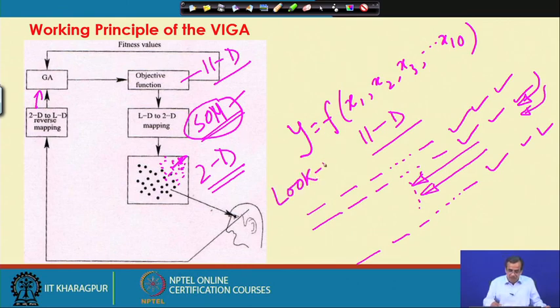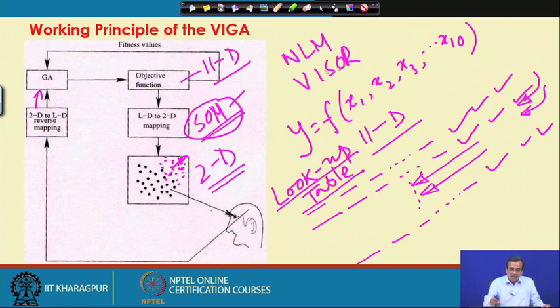This lookup table carries information of this higher dimensional data and their corresponding 2D data or 3D data. So, this information we will have to store in the form of a table, which is nothing but the lookup table, if I use Sammon's nonlinear mapping NLM or the Weiser algorithm. But if I use self organizing map, this table will be automatically generated and it will be stored inside that algorithm.